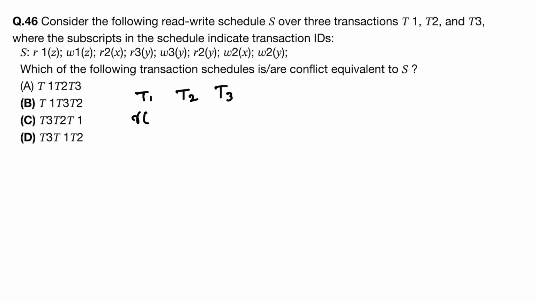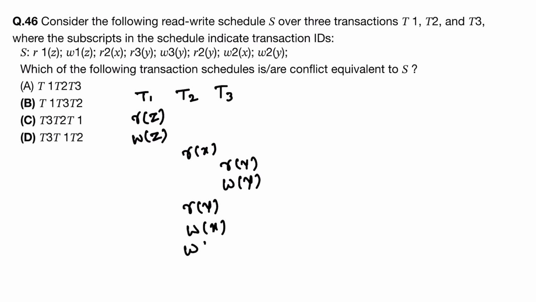So first is RZ, WZ, RX, then RY, WY, then RY, WX, WY. So we have to check the order, if it is possible in the following order or not, for conflict equivalence.